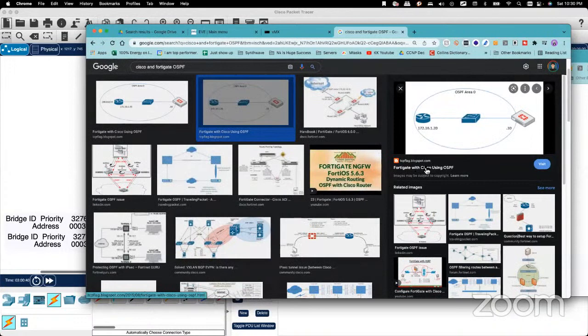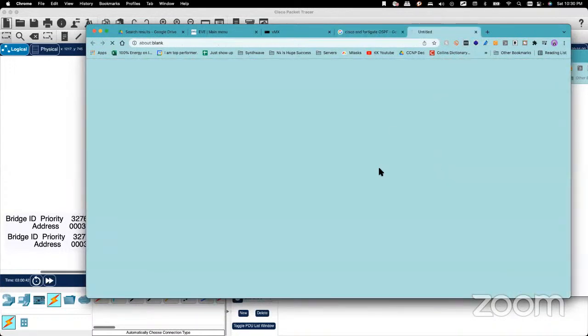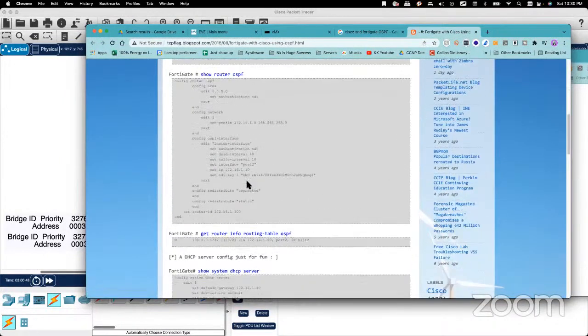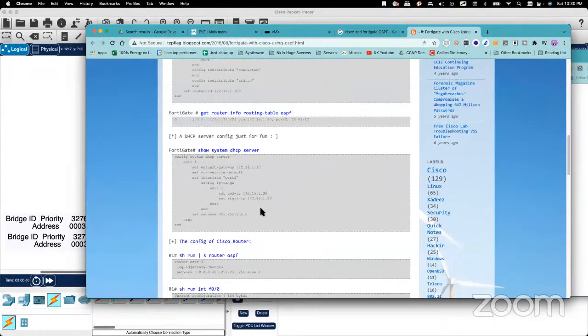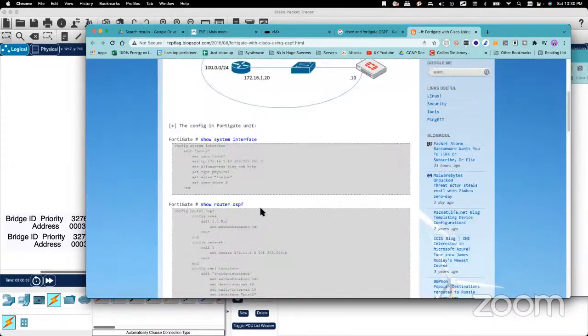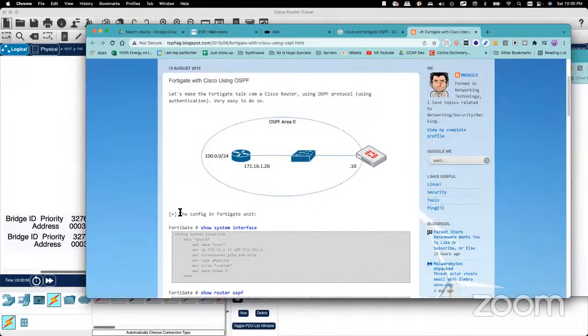If you configure the FortiGate with Cisco, you can easily configure it. You can see we go to this FortiGate firewall and just do some basic stuff. Sir, FortiGate is also something where OSPF handles a lot of routes. That's why we are using it.